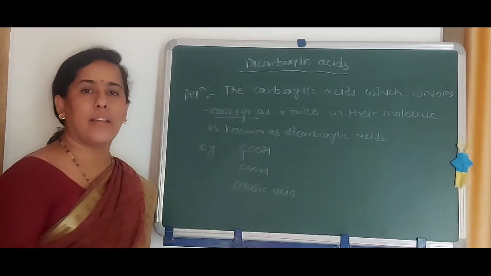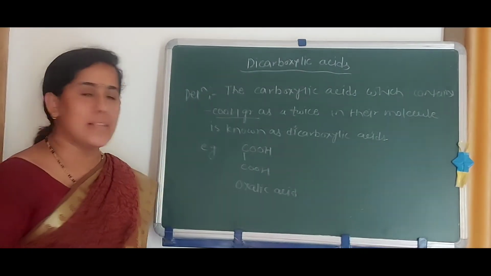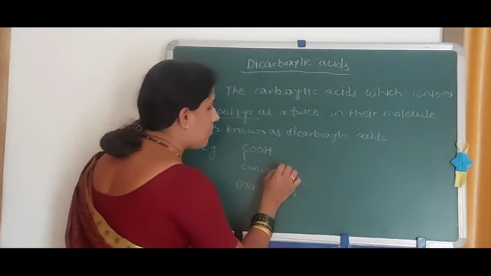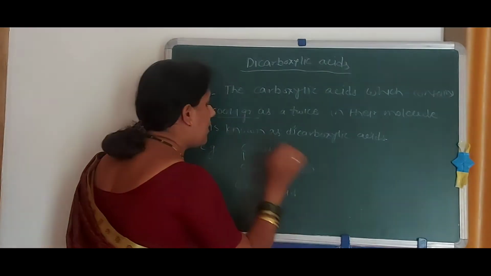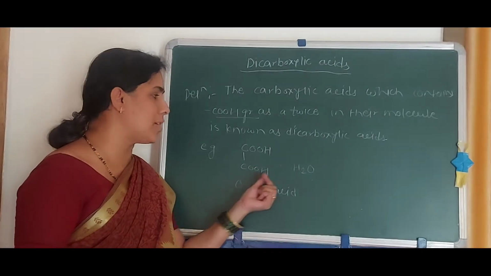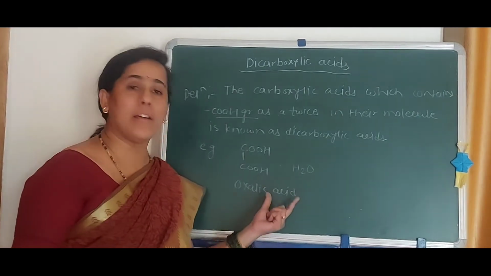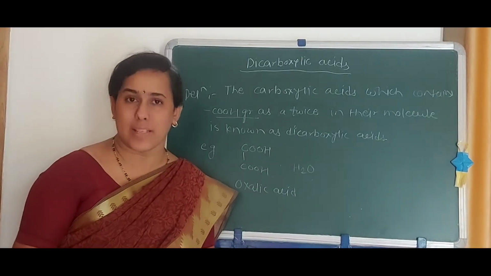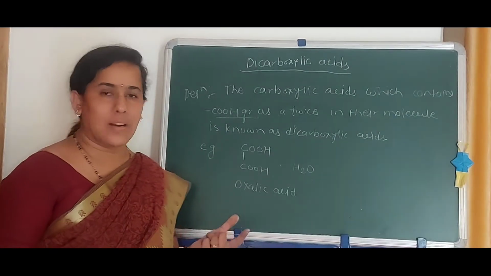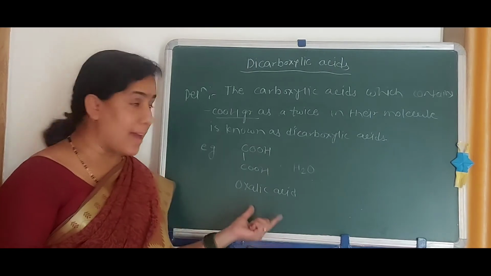It is crystalline in nature, but for practical purposes its weight is considered in hydrated form, that is COOH bond COOH with 2H2O, and its molecular weight is equal to 126.